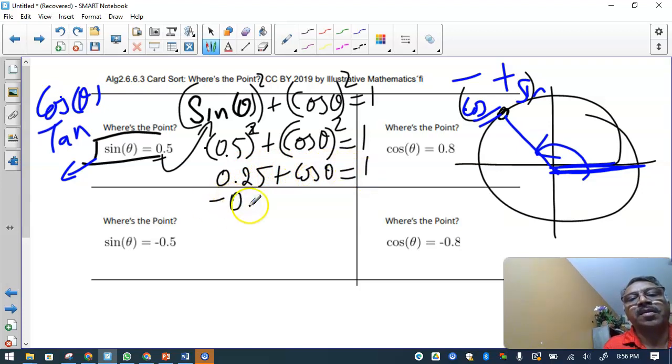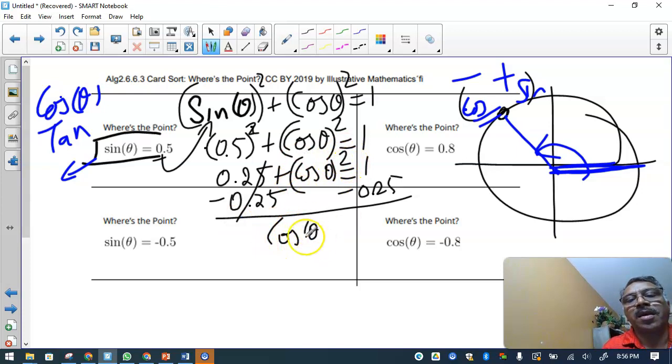Then you subtract 0.25 from both sides, and I forgot to put a square here. So cosine squared theta, if you take 1 and take away this, becomes 0.75.